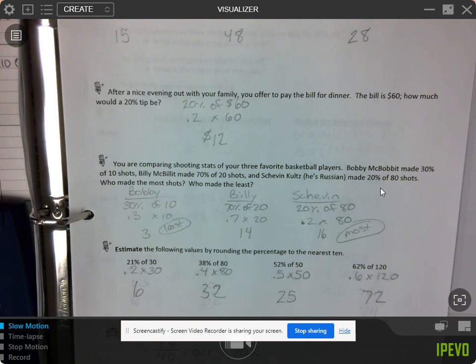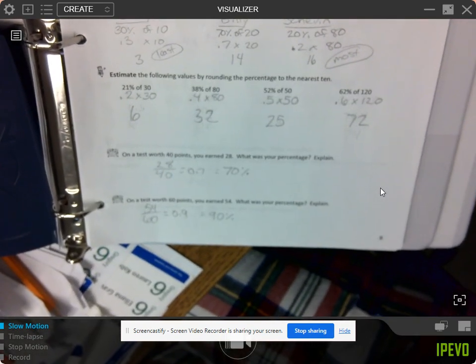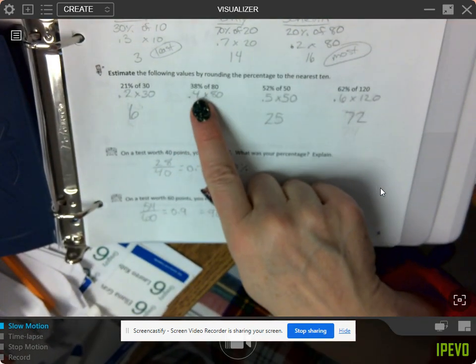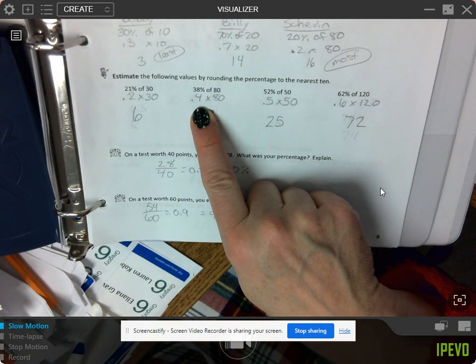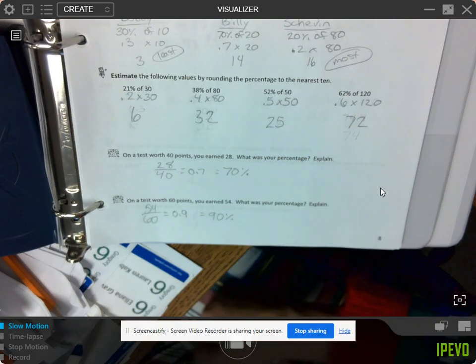Zelda. For the estimate the following value, so all you're doing with it is just taking away the zero on the numbers and then just multiplying. Yeah, no, because you needed to know that 38% goes up to 40. So you need to be able to estimate, am I rounding up or am I rounding down?